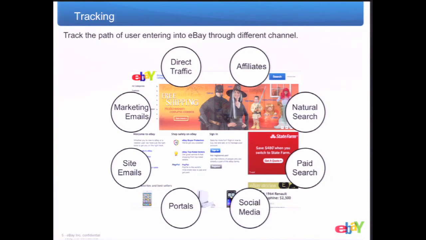If we look at the overall request-response model, the user opens a browser. They could be going to a search engine, to eBay, to partner traffic, or to the portal. The moment it hits the eBay site, we have only a few milliseconds to track that request. During those few milliseconds, we track the user activity, which is all the behavioral activity.